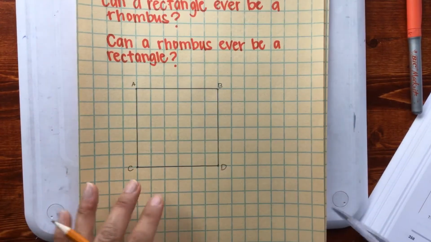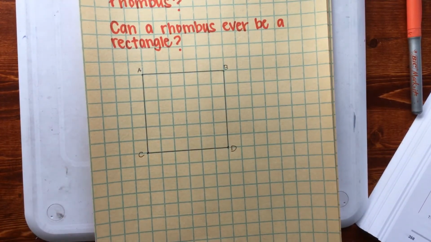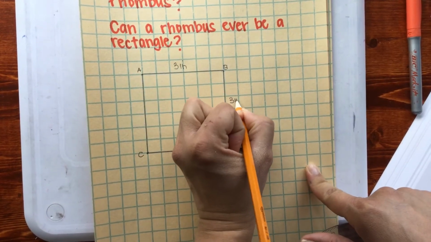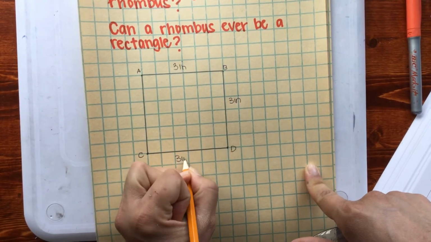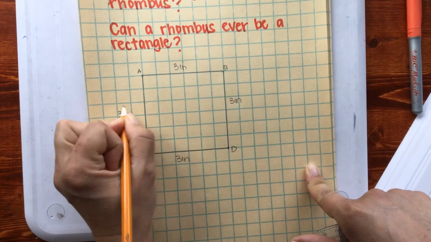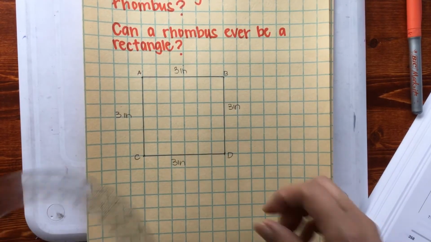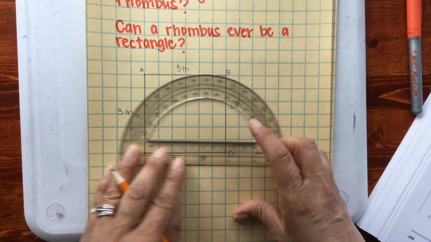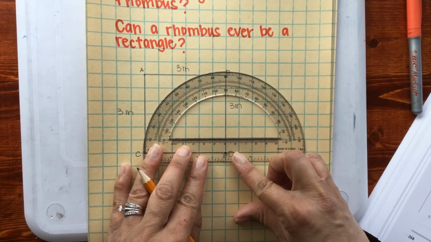Okay, so if you are looking at our drawing, you probably are thinking in your head, okay, we've just drawn a square. Now in our drawing, we know that our side lengths are all 3 inches. We made sure of that. And if I went to measure each angle, I'm probably going to see that each angle is 90 degrees.